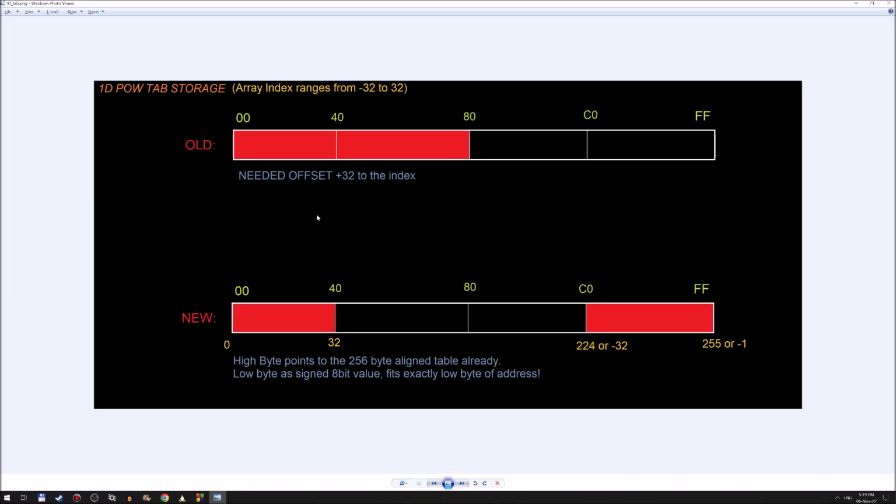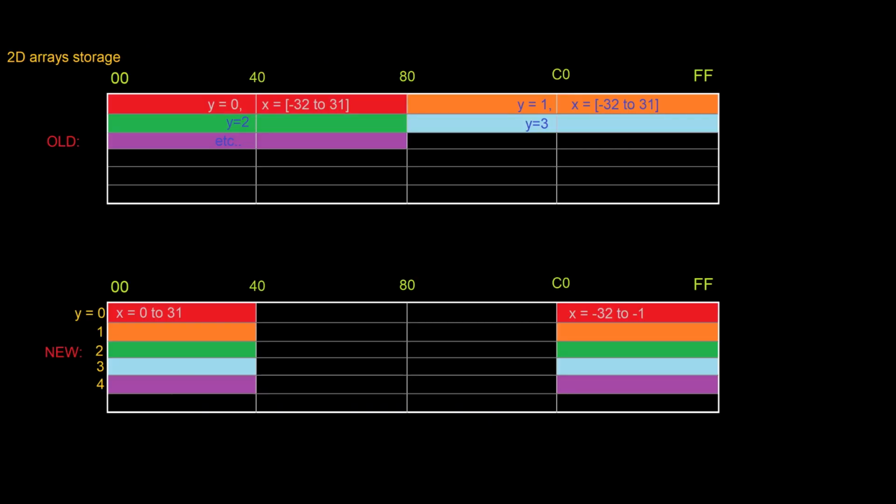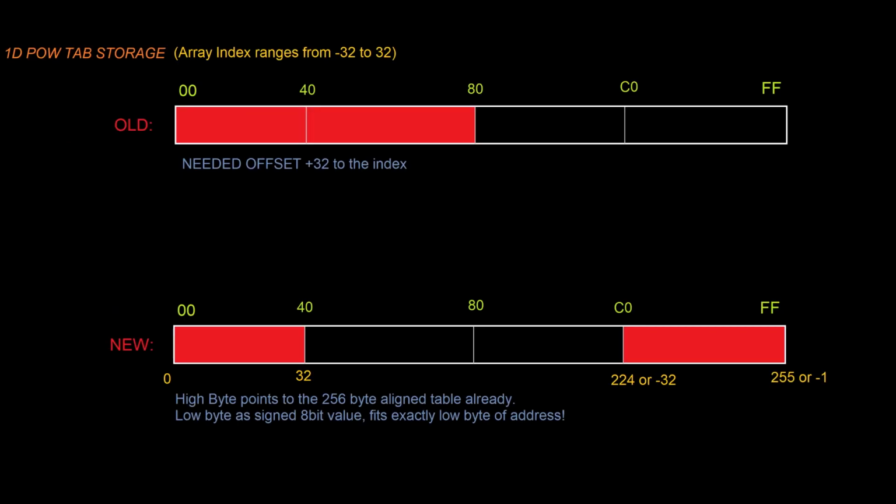At this point I might have to show you some of the memory mapping of the tables. Maybe I'll start with this one. So let's see. Oh, it loops. Okay, let's go back.